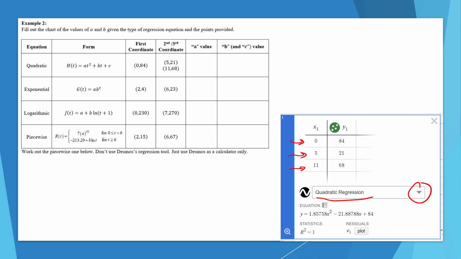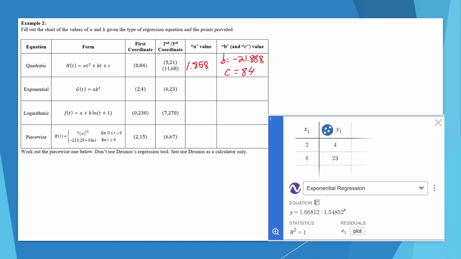Here, your A value is going to be the first coefficient here. So 1.85, and then rounding that should be 8. You could also put 1.857 and be okay. Here, our B value is, just so we can see it, a negative 21.888. So that's going to be our B value here. Don't forget the negative sign or else it will be marked as incorrect. And then here, our C value is 84. So that should be our answer there.